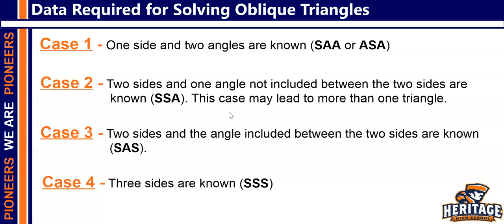Case 2 is the ambiguous one. Case 3 and 4 share a commonality where you're given at least two sides. So now you have the information to recognize when and how to solve oblique triangles, and in separate videos you will learn how to solve each case.